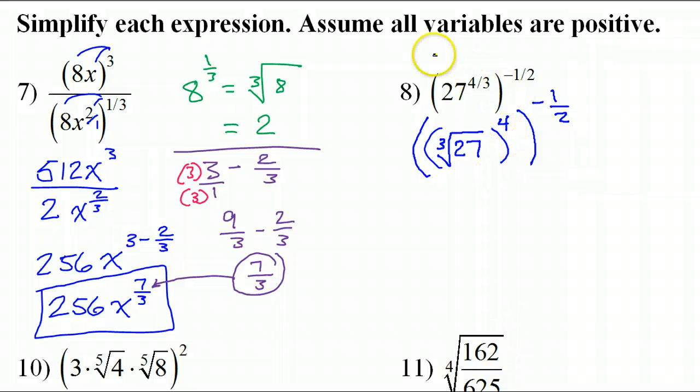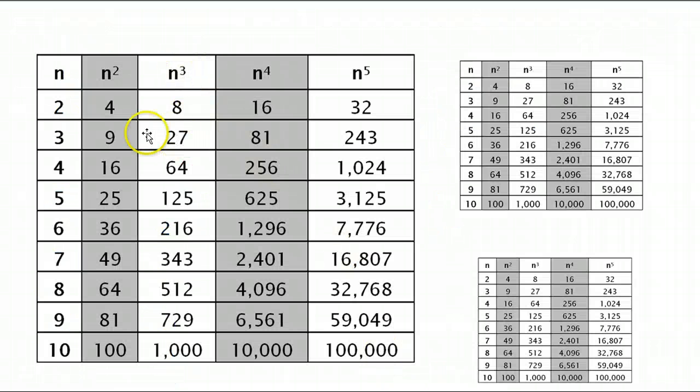Okay, just because there's too many parentheses, I'm going to erase this pair. All right, you get it. It's the cube root of 27 to the 4th power. All right, the parentheses are bugging me. So let's go ahead and do the cube root of 27. Of course, the cube root of 27 is just 3. Now, if you did not know that, cube root 27, 3.